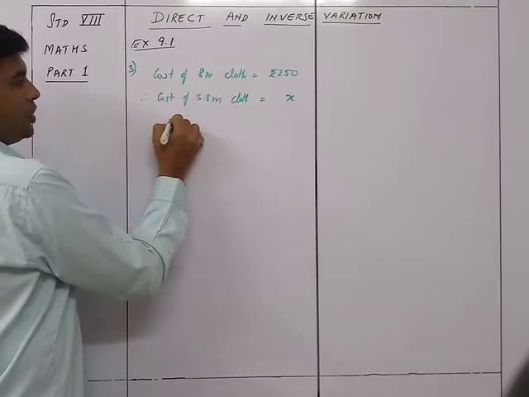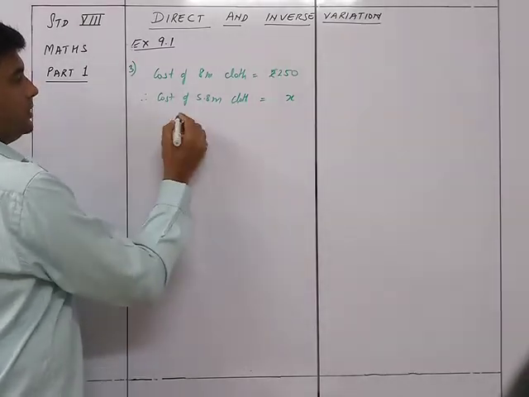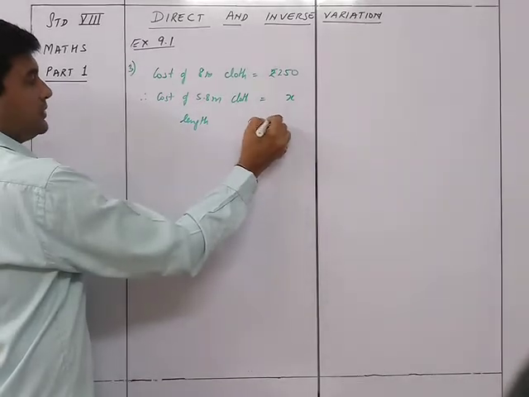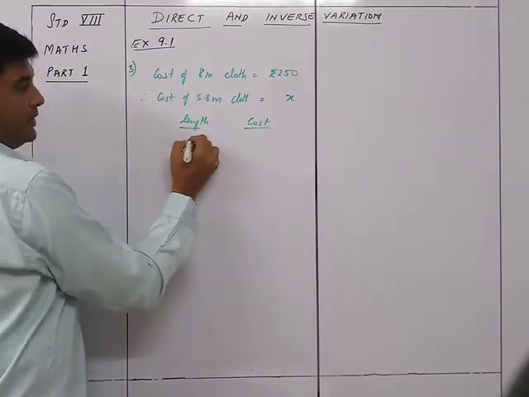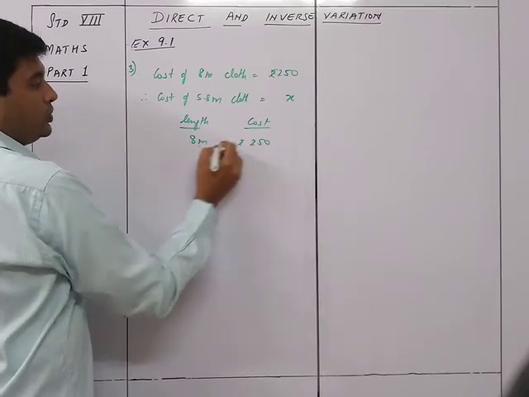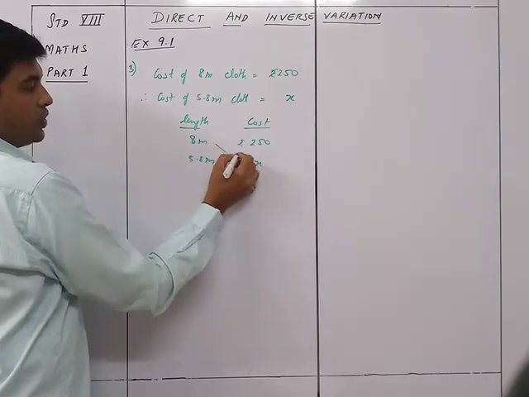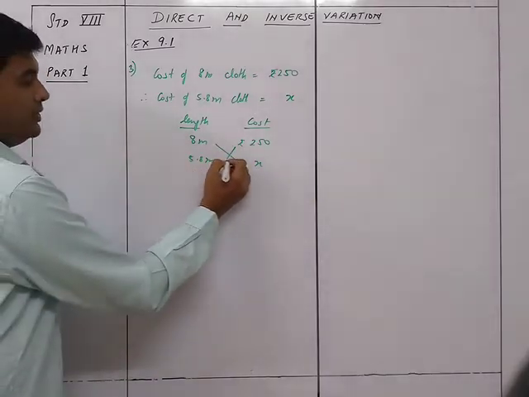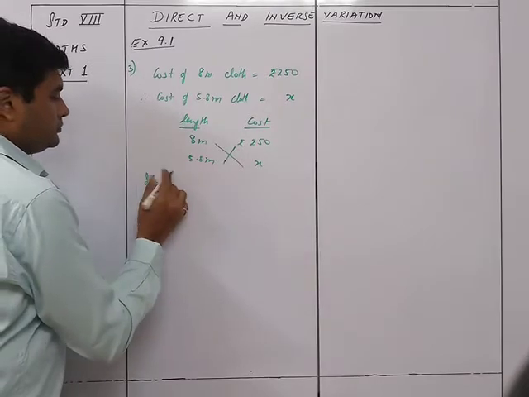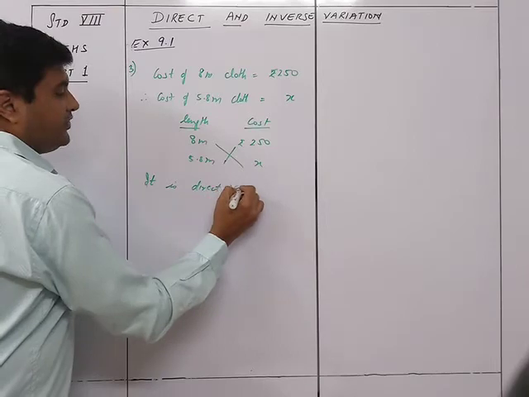Length and cost are the two variations. 8 meters is 250, so 5.8 meters is equal to X. So cross multiply because they are in direct variation.